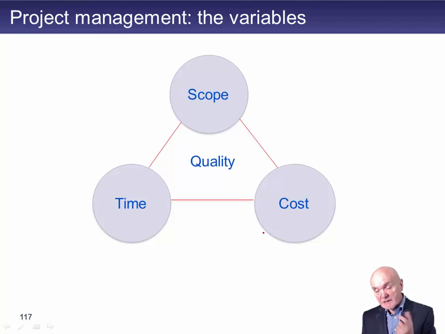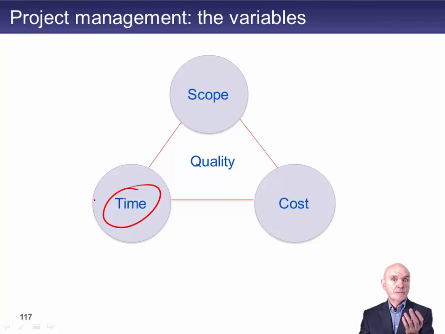And if it's not implemented by the 1st of January, then you can't pay your employees. Now there, fairly automatically, I think you can see time is going to muscle in. Time is going to be the thing everyone has their eyes on. We have to be able to pay the employees on the 1st of January and so on.